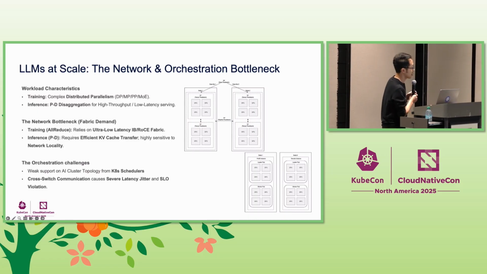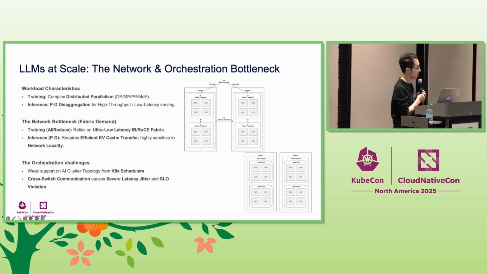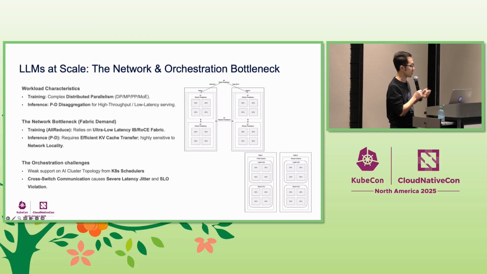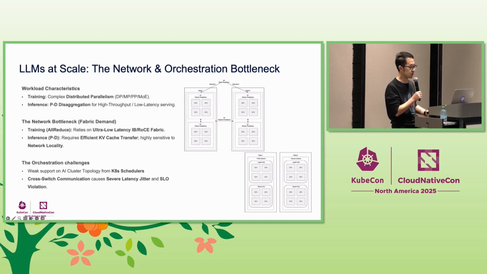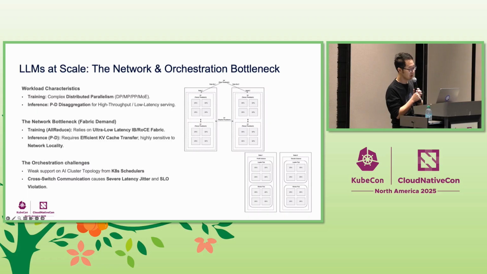But we all know there are a lot of advanced requirements for the underlying network, trying to deal with the bottleneck. For example, in the early days, we may use PCIe, but the bandwidth of PCIe hit a bottleneck when we are trying to load a large-scale model.